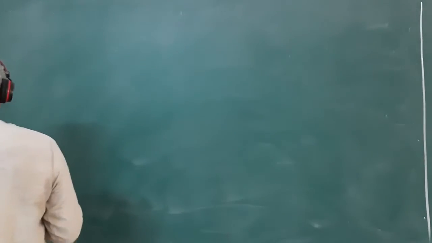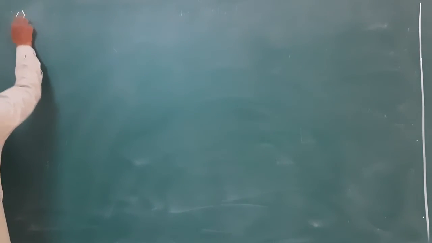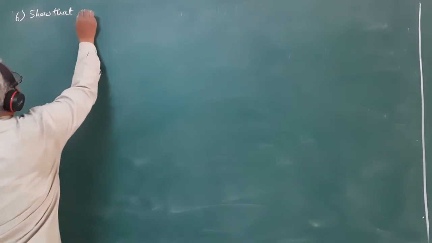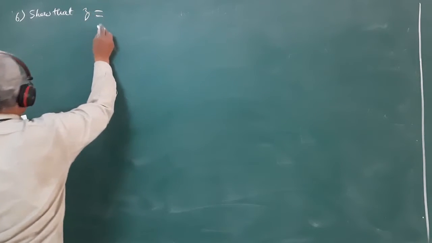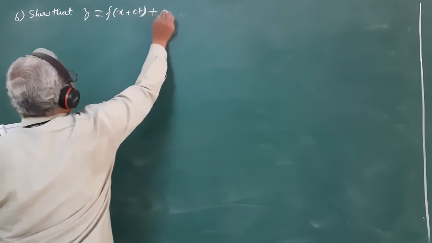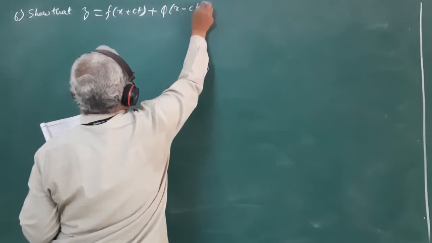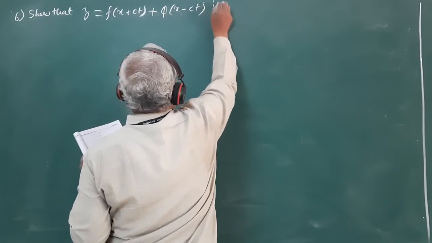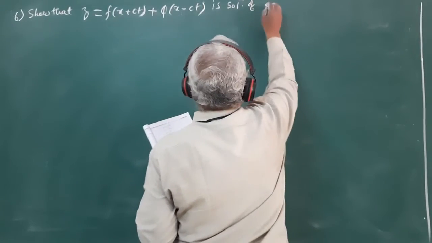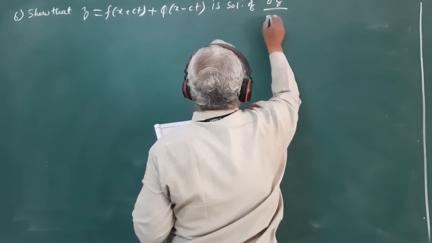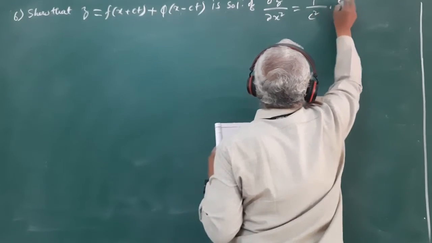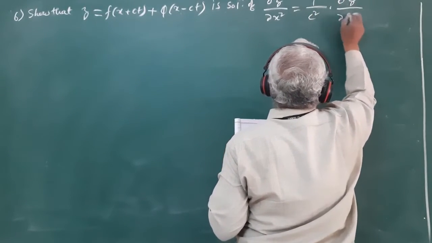Next problem is you are asked to show that z is equal to f of x plus ct plus phi of x minus ct is a solution of dou 2z by dou x2 is equal to 1 upon c square dou 2z by dou t2.